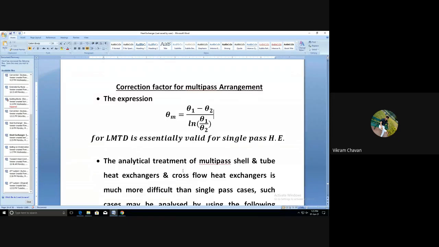So in that formula we have to make some correction in case of multiple passes, or in case of cross flow multiple pass heat exchangers.